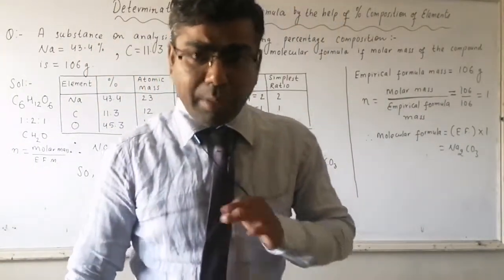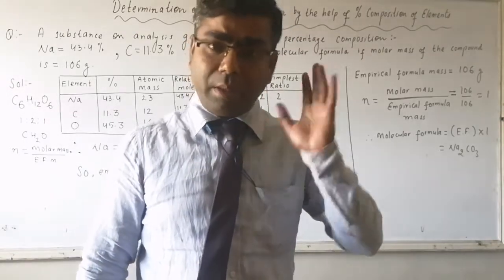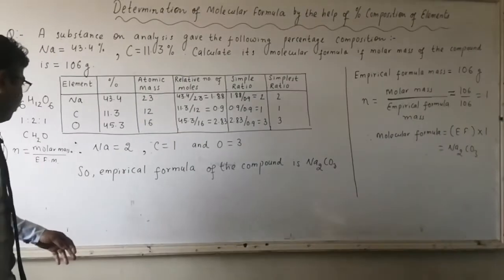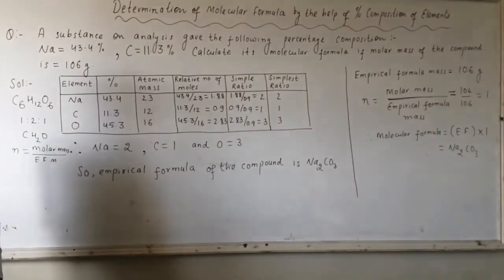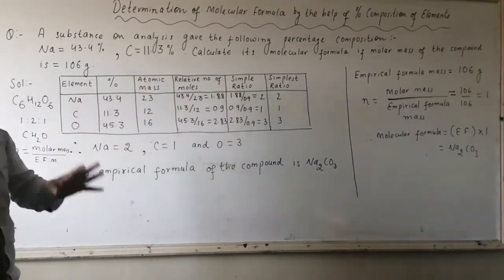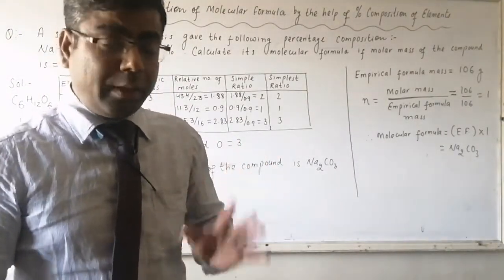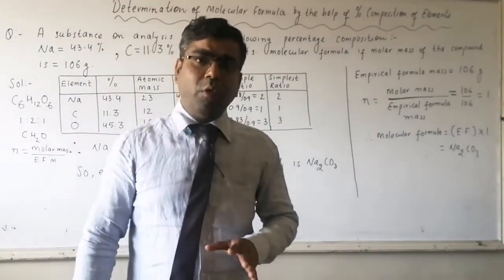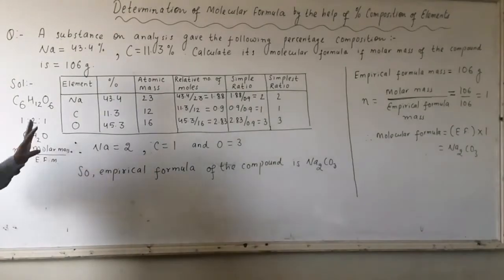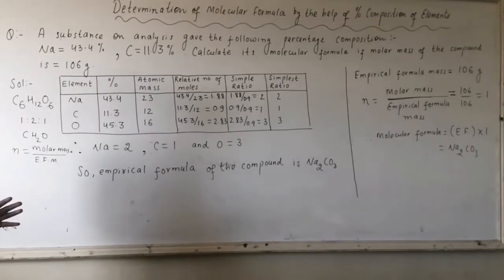And for the empirical formula mass, first we will find out the empirical formula for the given compound with the help of percentage composition, and then we will find out the empirical formula mass. Suppose for glucose you are provided percentage composition of carbon, hydrogen and oxygen. Then when you solve for the empirical formula, you will obtain CH2O. Molar mass will be provided to you, that is 180 gram.